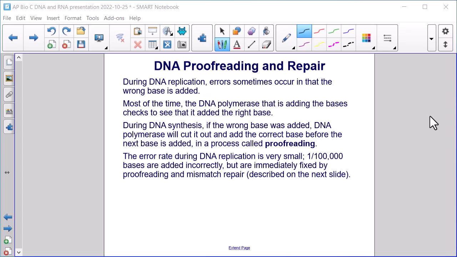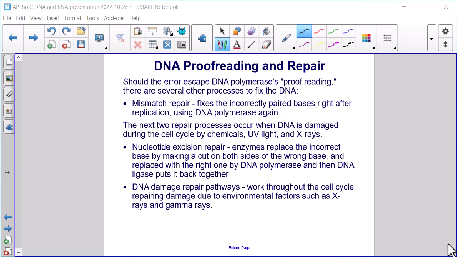During DNA synthesis, if the wrong base was added, DNA polymerase will cut it out and add the correct base before the next base is added in a process called proofreading. The error rate during DNA replication is very small. 1 in 100,000 bases are added incorrectly, but are immediately fixed by proofreading and mismatch repair, which we'll describe next.